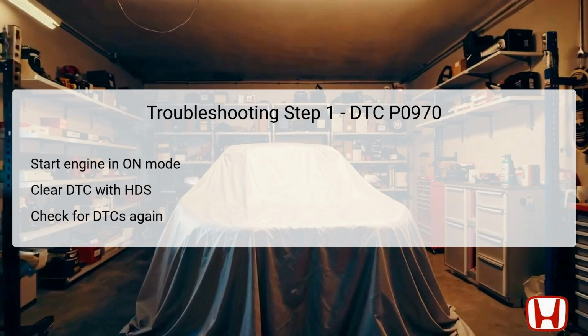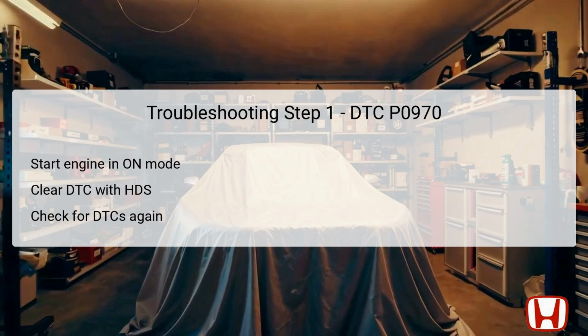This resets the system and allows for real-time monitoring of any pending or confirmed DTCs, which are diagnostic trouble codes, after clearing. Once cleared, the next step is to check again for any pending or confirmed DTCs. If DTC P0970 reappears, it confirms a persistent failure, allowing you to proceed to Step 2 in the troubleshooting guide.